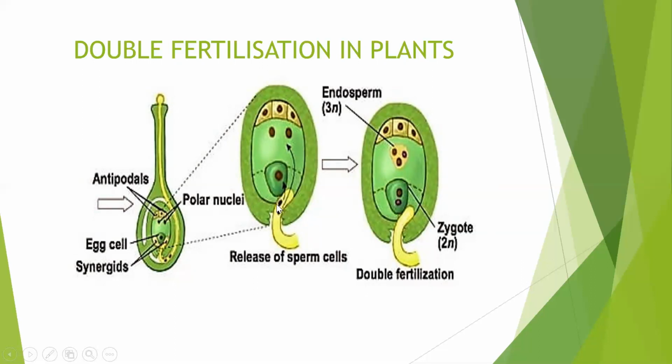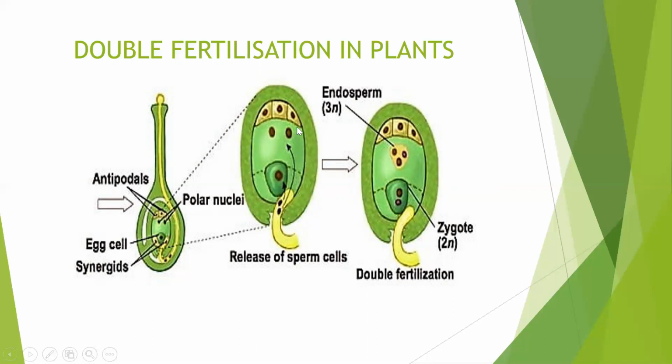One of the male gametes fuses with the egg cell, and this fusion results in zygote formation, and this fusion is known as syngamy. The second male gamete, which is there in the pollen tube, fuses with the 2 polar nuclei. You can see the arrow over here.